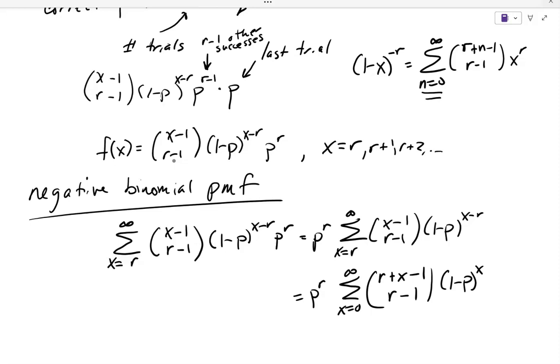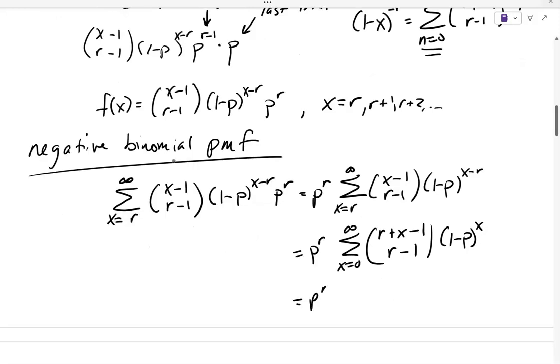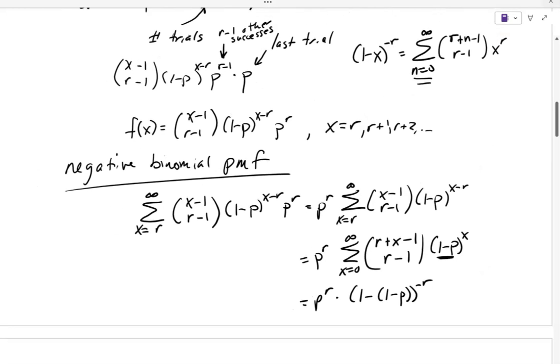Does this look like that? Rather than using an n, I've got an x, but does this look like that? What's been plugged in for x up there? 1 minus p, right? So this is equal to 1 minus p to the negative r. Because I've taken the 1 minus p and plugged it in for the x right here.